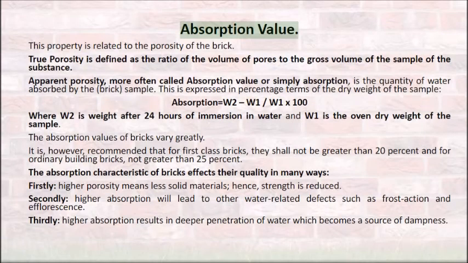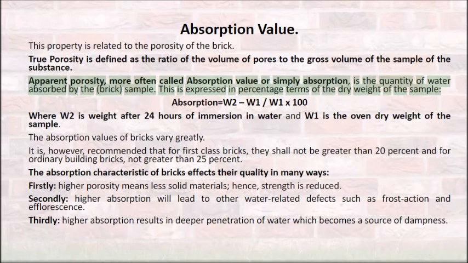Absorption value. This property is related to the porosity of the brick. True porosity is defined as the ratio of the volume of pores to the gross volume of the sample of the substance. Apparent porosity, more often called absorption value or simply absorption, is the quantity of water absorbed by the brick sample.